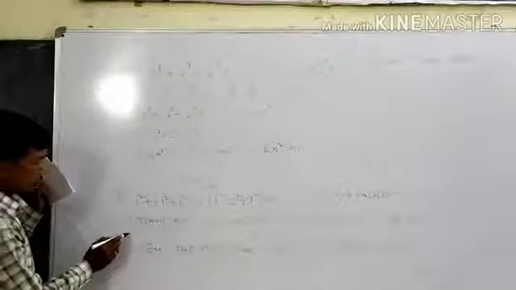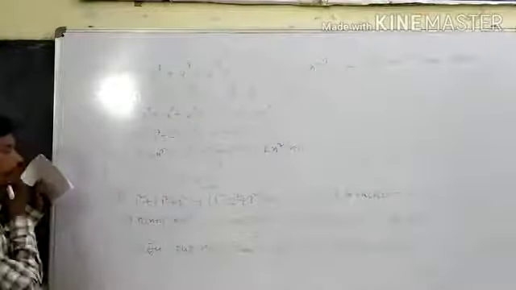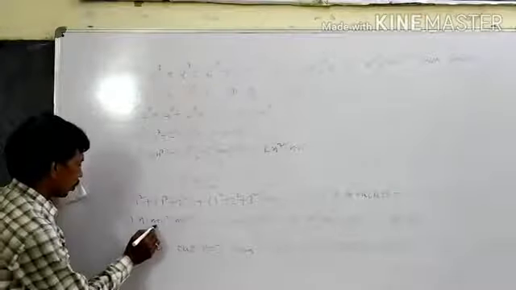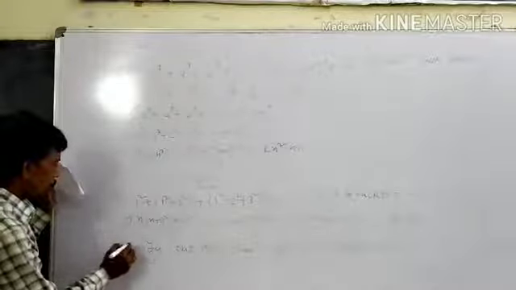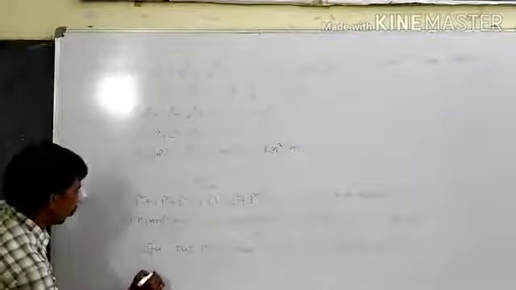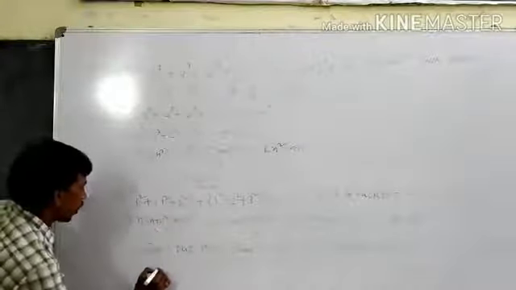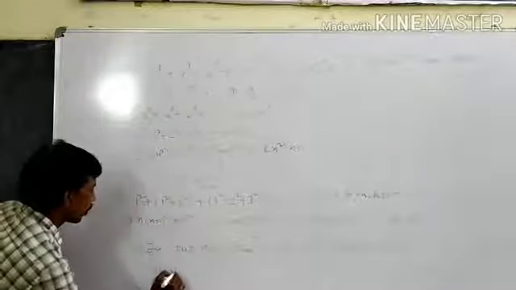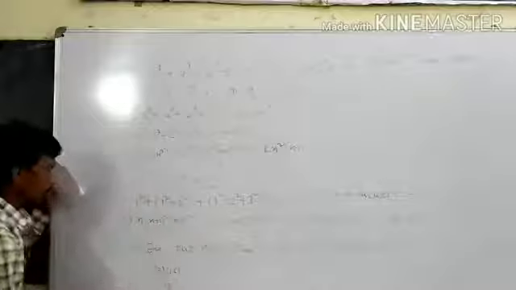First option. We take n equal to 2: 2 into 3 square, 9, into 2 plus 2, 4 square, 16, by 12.